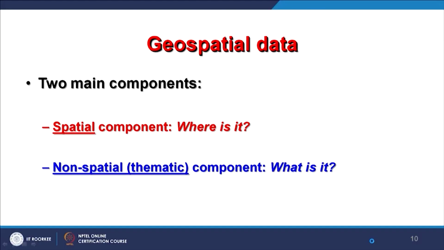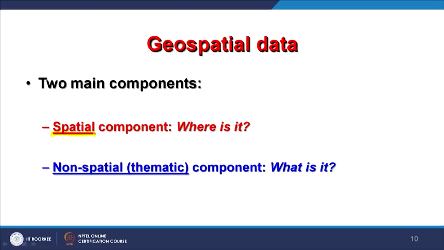I earlier mentioned, so very quickly I will cover these 2 points, that there are 2 main types of data which we handle in GIS. One is the spatial data, which has a geographic location, and we can answer the question, where is it? So, whenever there is a question related to location, that will come through spatial data.